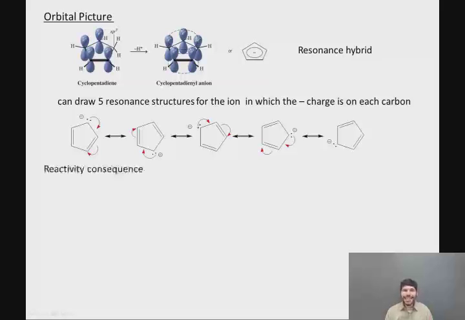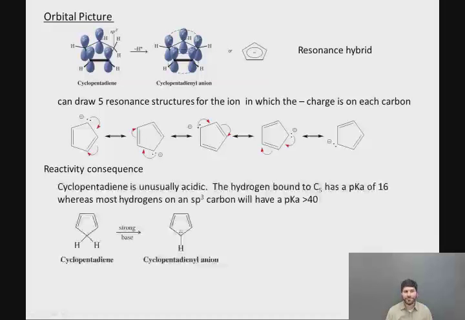So how does the aromaticity of this ion affect reactivity? That's always a question that we want to keep in the back of our minds. The answer is that cyclopentadiene is unusually acidic for a hydrocarbon. If you go look at your pKa tables, the hydrogen bound to C5 has a pKa of 16.